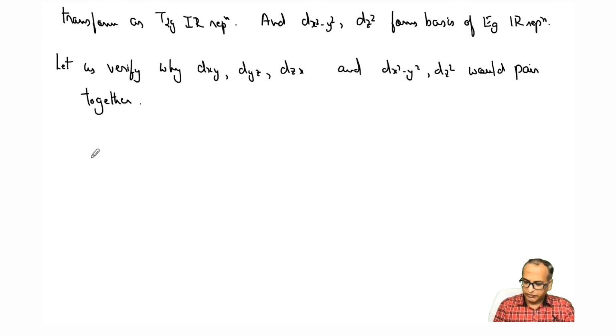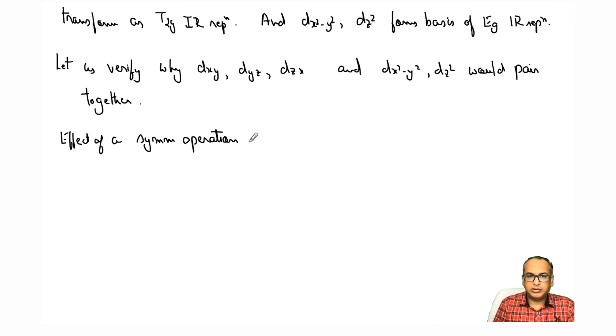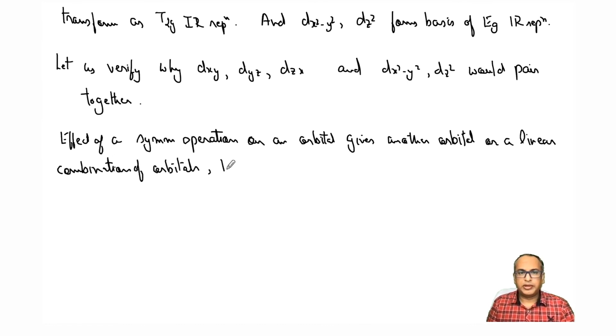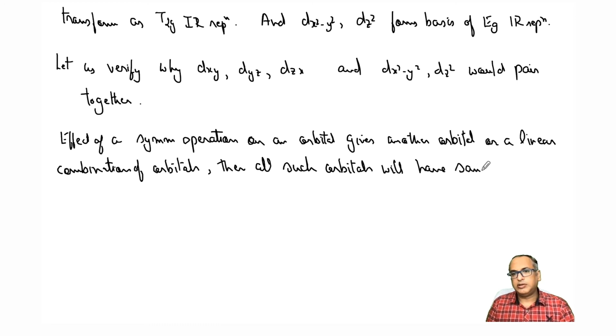So let us write down that if the effect of a symmetry operation on an orbital gives another orbital or a linear combination of two orbitals, then all such orbitals will have the same energy.